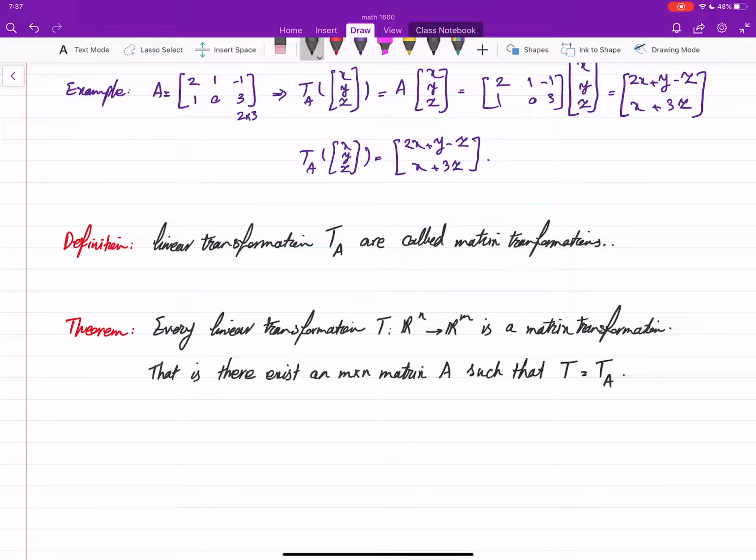So every linear transformation is defined by a matrix.